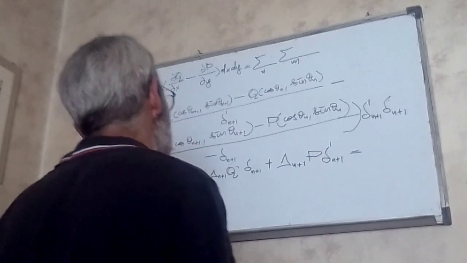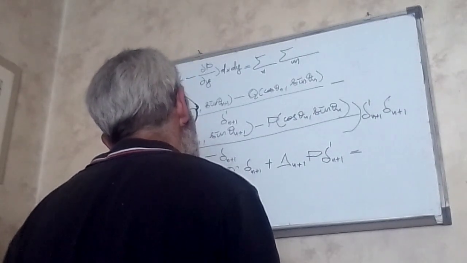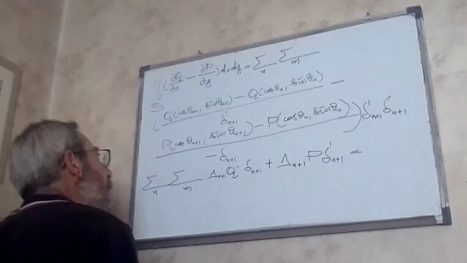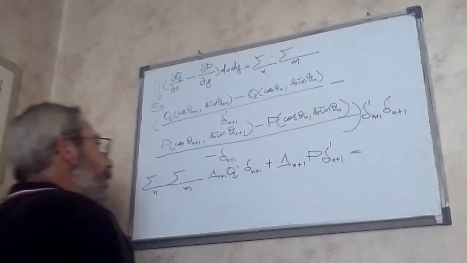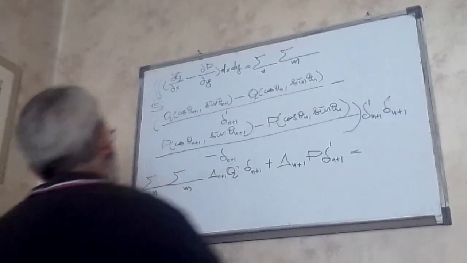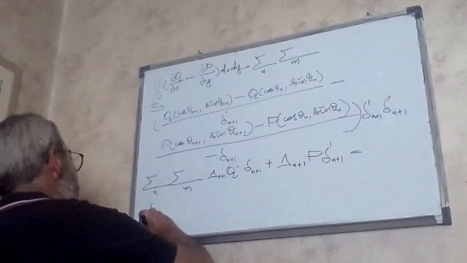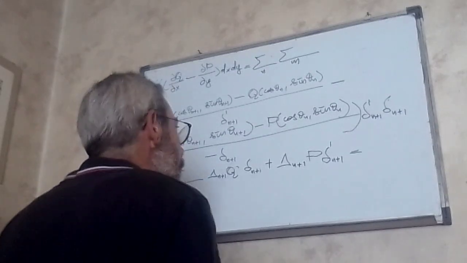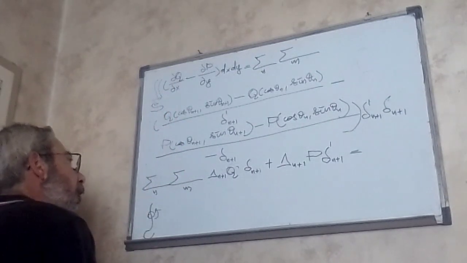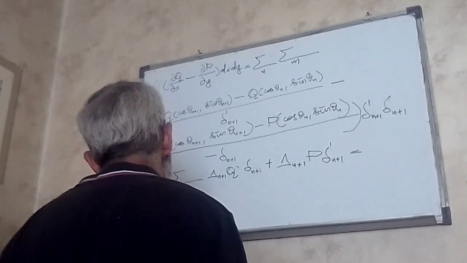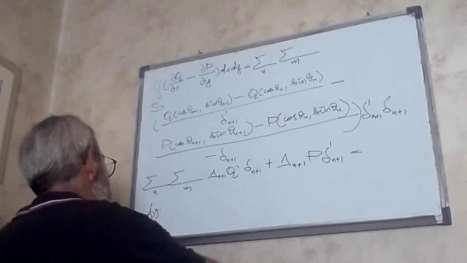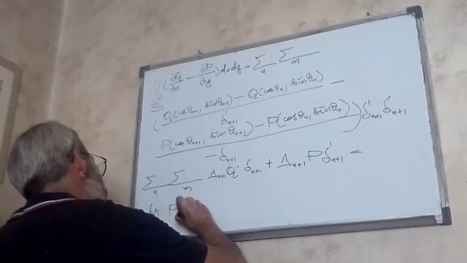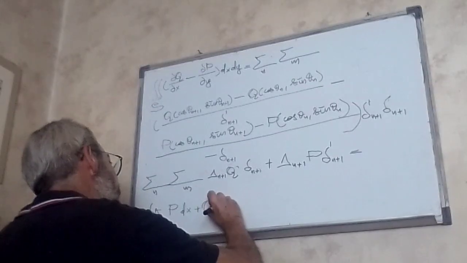But since any triangle is possibly infinitesimal, this double sum becomes an integral by the circulation lemma, and becomes P dx plus Q dy.